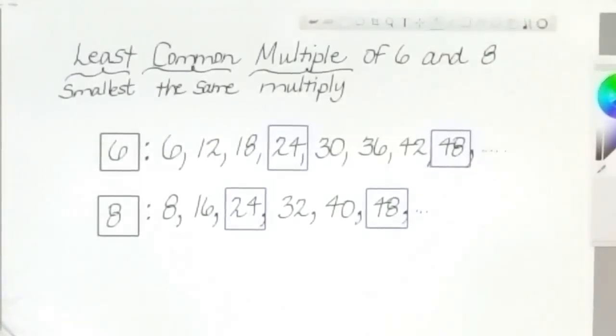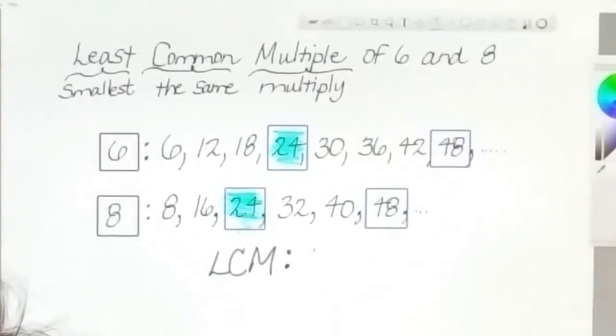So we are looking at the smallest number that they have in common, which would be the 24. So we could say that the least common multiple, or the LCM, of these two numbers is 24.